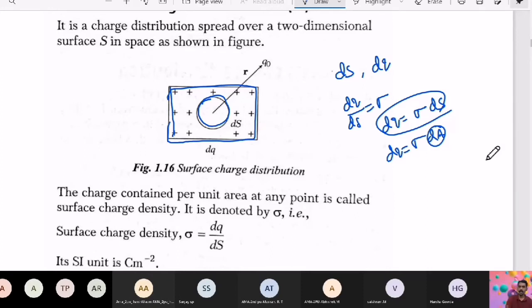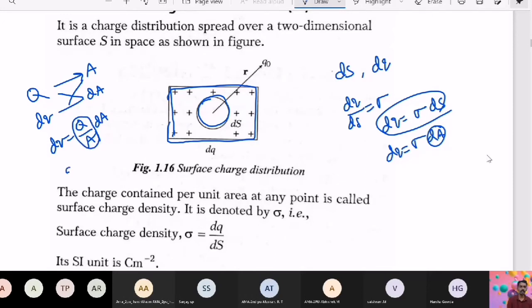Sigma is total charge by total area, and for a small area what is the charge? It is like cross multiplication. Total charge is q, total area suppose A, then dq is the small charge for small area dA. Cross multiplying, dq equals q by A into dA. But q by A we already defined as sigma.